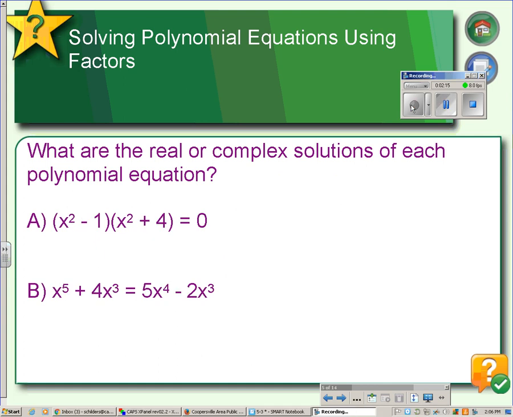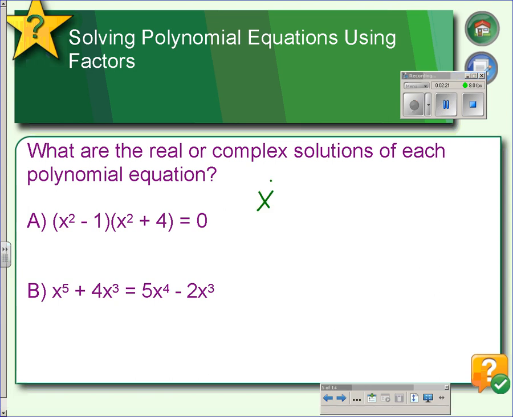In this example, the equation is already factored, so we can use the zero product property and set each factor equal to 0, and then solve these quadratic equations. So we would add 1 to each side, giving us x squared equals 1, and then take the square root on each side.